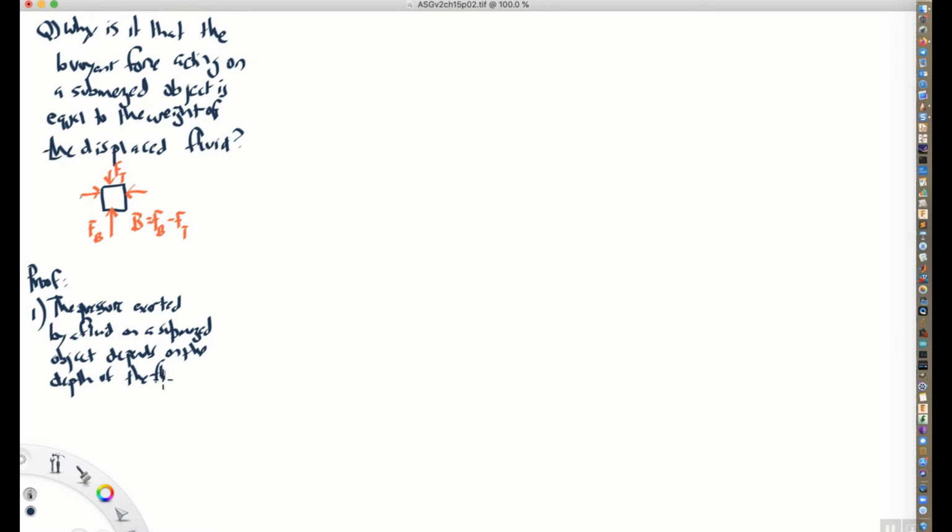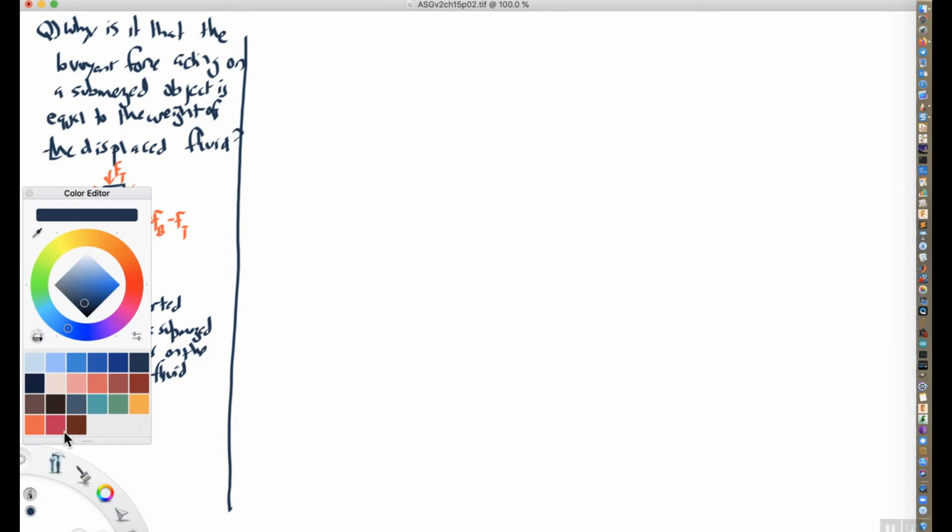So as you get deeper in a fluid, the pressure at that point is larger. Why is it that the pressure gets greater as you go down? Well, essentially it is because there's more fluid above it weighing down.